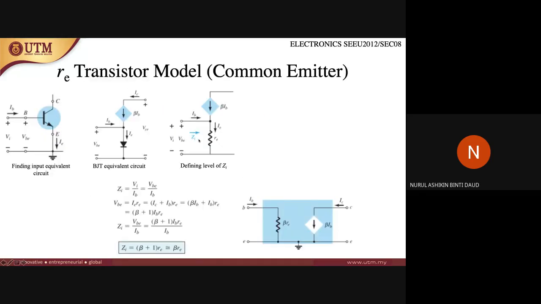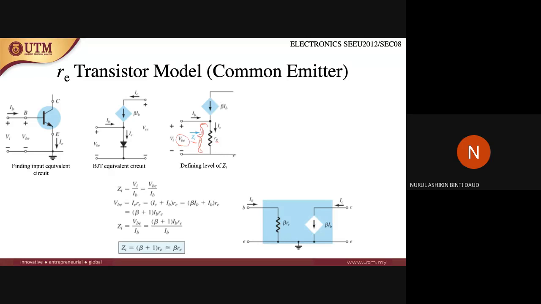But ZI is the impedance at the input here, which is the effective resistance of this circuit at the input, related to VBE and also depending on IB. But RE is the resistor at the emitter, from the transistor emitter part. Okay, all right.